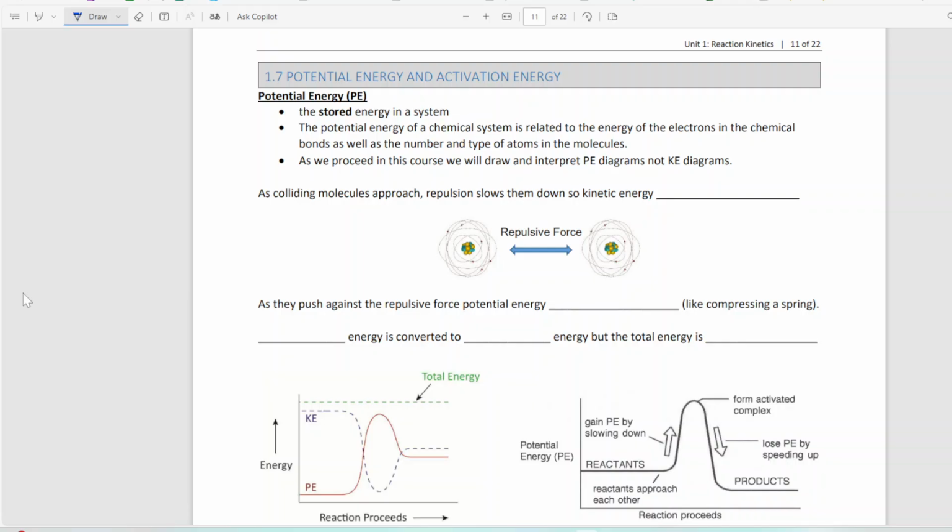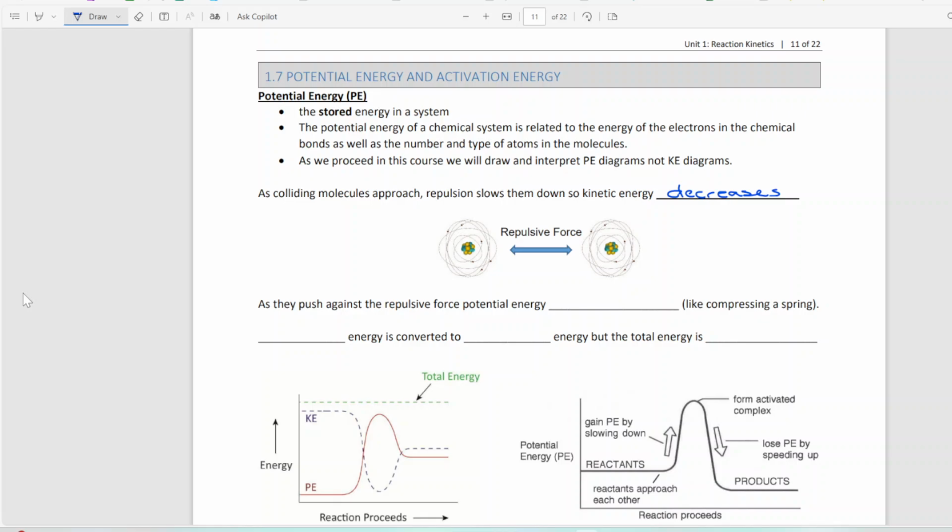What would happen to the kinetic energy of those molecules, right? They're coming in hot, and then they're getting repelled, but still wanting to go towards each other. And so, what's happening is that the kinetic energy is decreasing. So they come in hot, and then the repulsive forces are slowing down their approach.